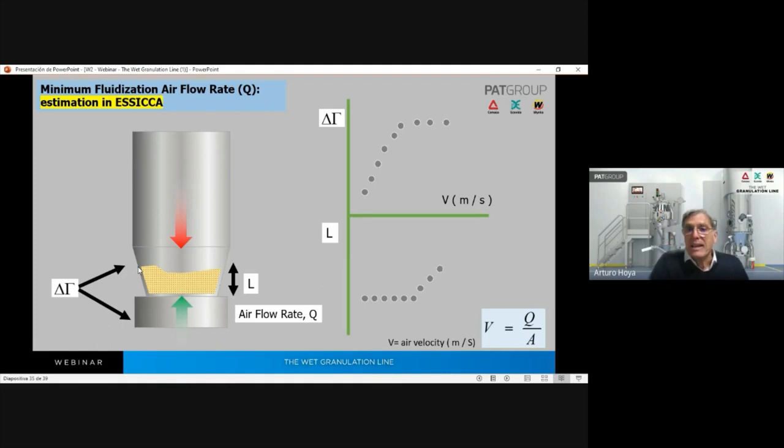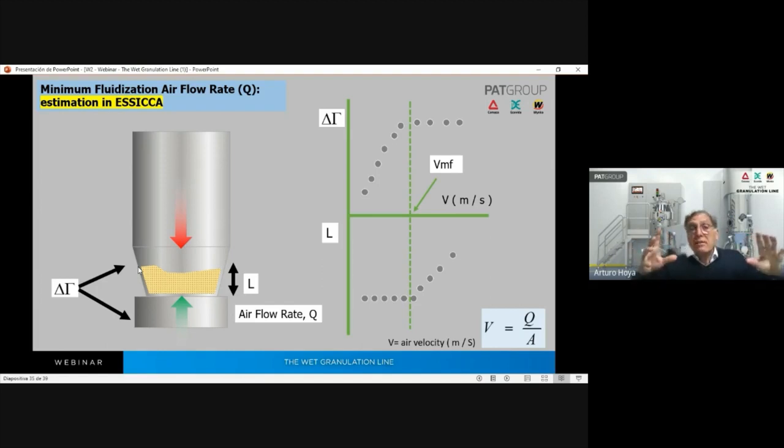You can see this breaking point is the minimum fluidization velocity or the minimum fluidization flow rate. So when we have this value, we have the minimum flow rate that fluidizes our granules.